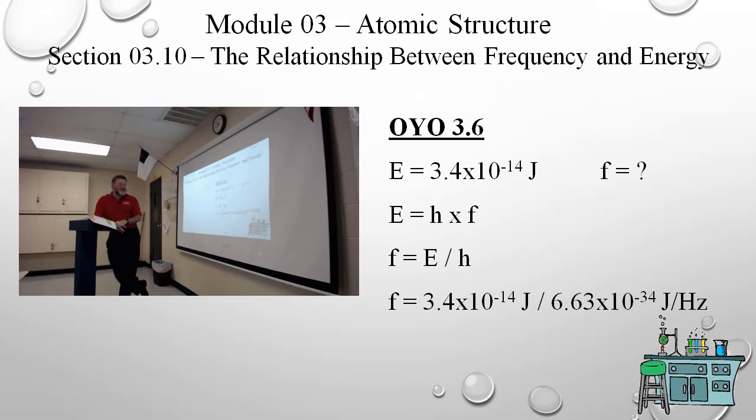Look at it and go, it's slightly less than 2, right? Because 2 would be 6.8 divided by 6.63. So it's a little bit less, or it's less than 2. Well, in my mind, okay, we got 3.4 divided by 6.63. If it was 6.8, it would be half. It would be almost 1, so it's about half of that, right?